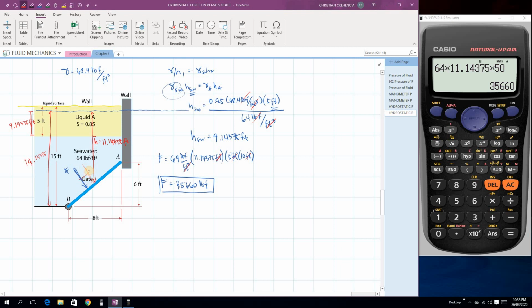Itong distance na to, from the centroid, papunta dun sa center of pressure natin. So, yung distance E is equal to, again, that's moment of inertia about the center of gravity over area y bar. Okay, so ano ngayon yung y bar natin?